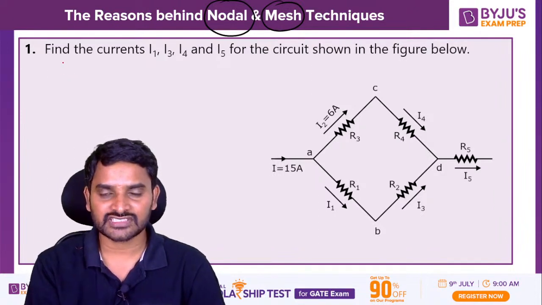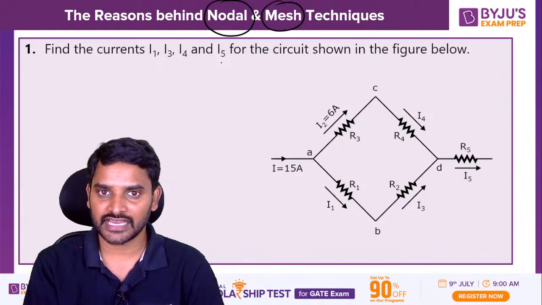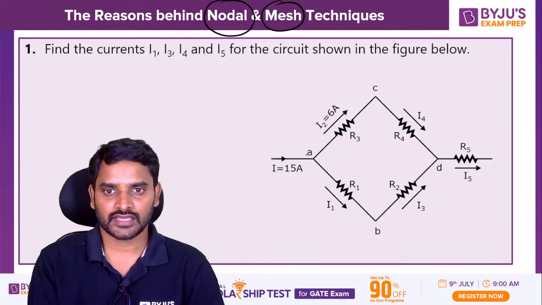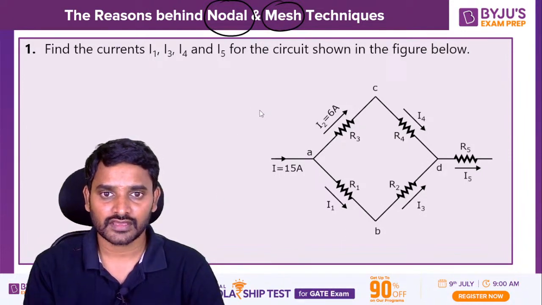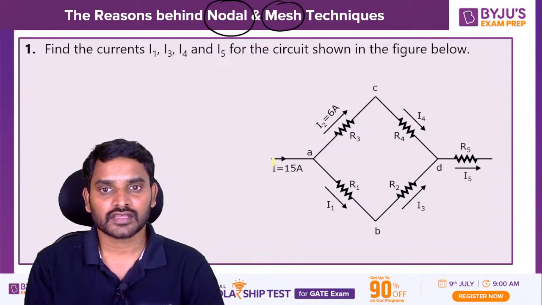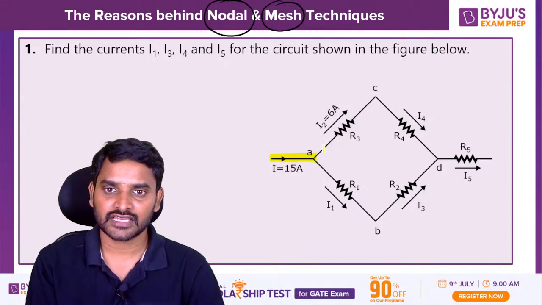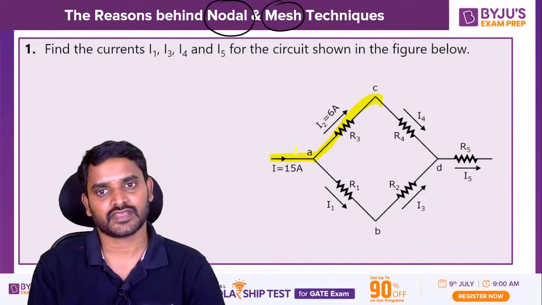The question asks: find the currents I1, I3, I4 and I5 for the circuit shown in the figure below. The circuit is given like this. The current of 15 amperes is entering at this junction, and out of that 15 amperes, 6 amperes is leaving through this R3.